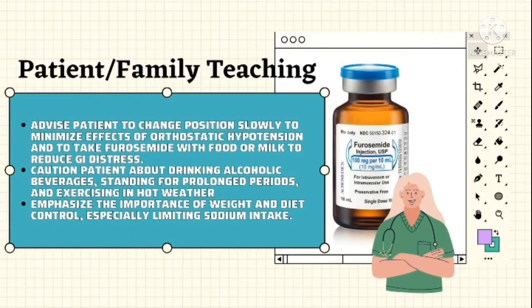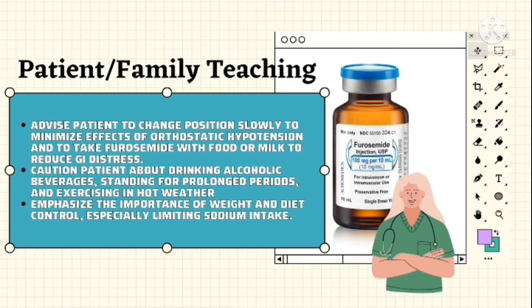Additional health teaching is to advise patient to change positions slowly to minimize effects of orthostatic hypotension and to take furosemide with food or milk to reduce GI distress. Caution patient about drinking alcoholic beverages, standing for prolonged periods, and exercising in hot weather, because these actions increase the hypotensive effect of furosemide.